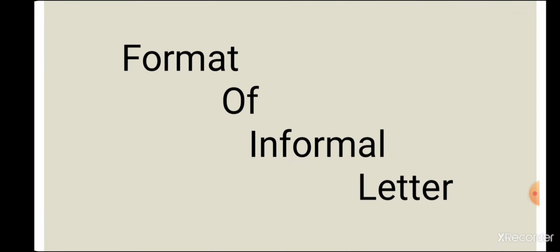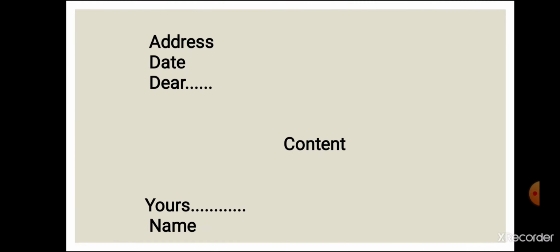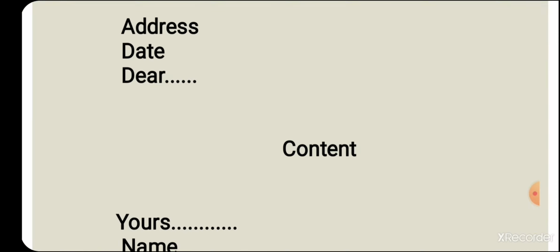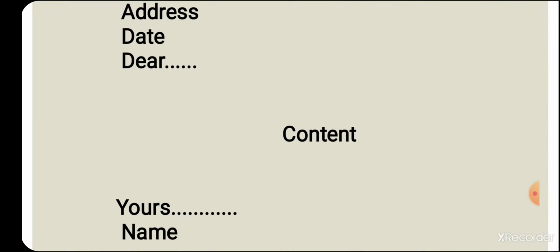Then students, let's discuss the format of an informal letter. First of all, the address should be there. Below this address, write down the date, in a proper format. Then write the salutation, like dear mother, dear father, or dear friend, whatever you want to write, your friend's name.